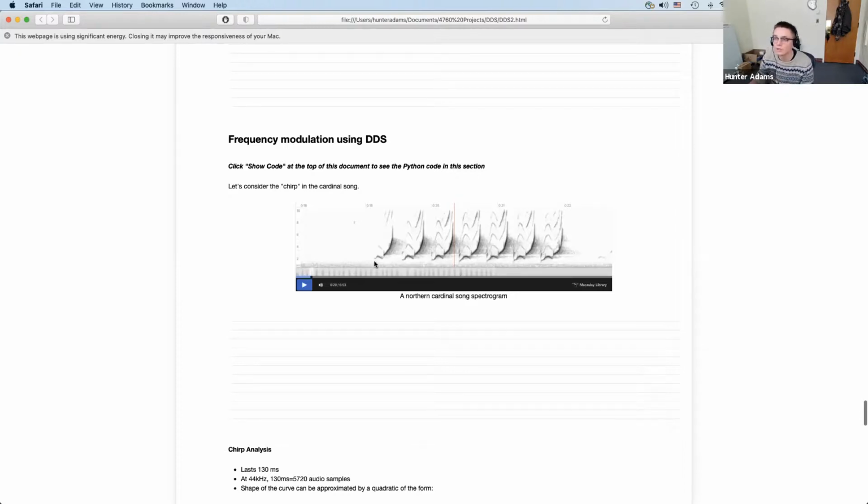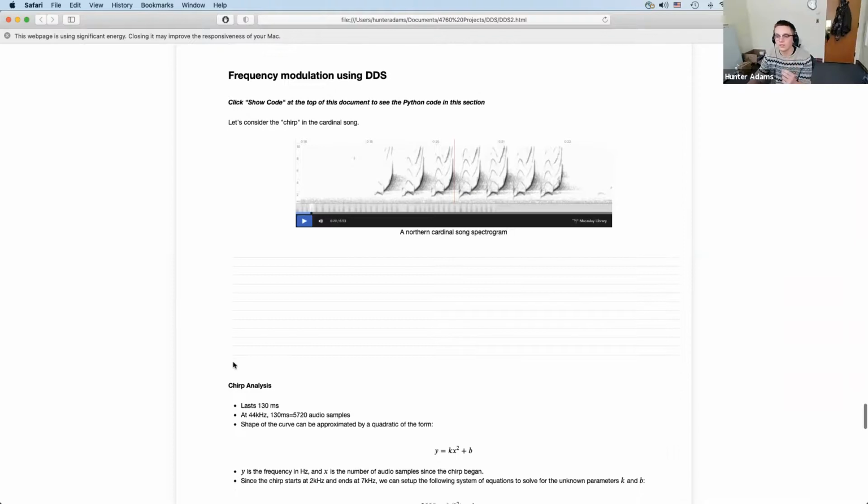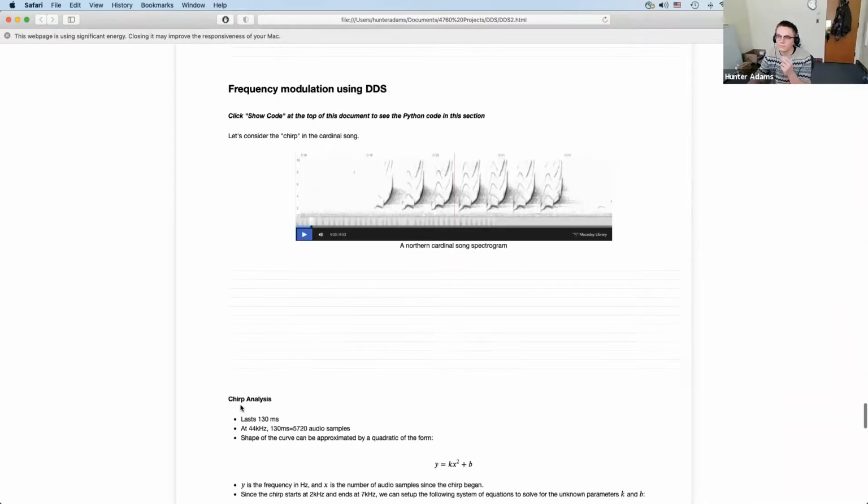This is showing you as a function of time what your desired output frequency is. And you can see that it changes with time. So like we've talked about a few times, there's two sound primitives going on in the song. There's a swoop and then a chirp. So each lasts 130 milliseconds.